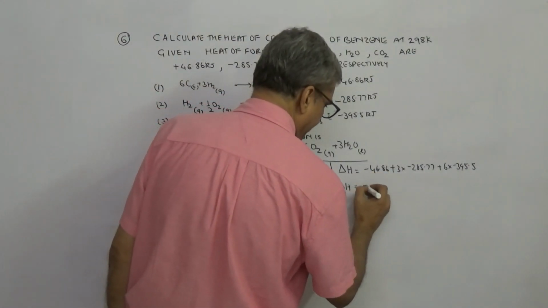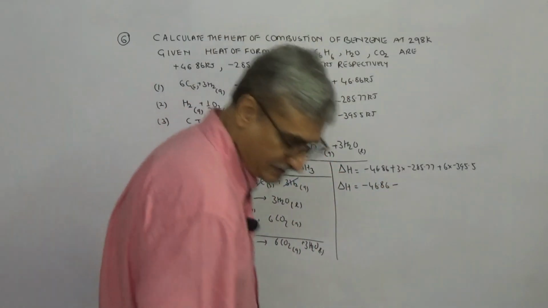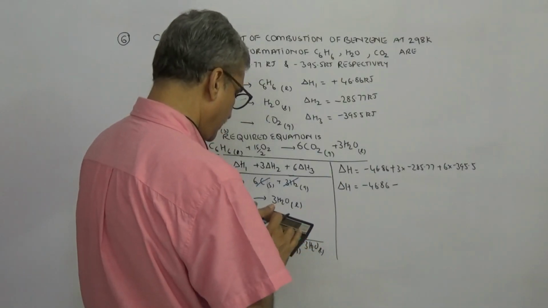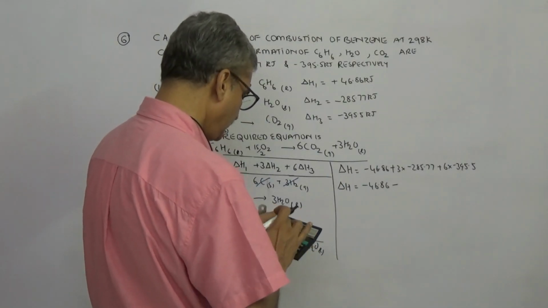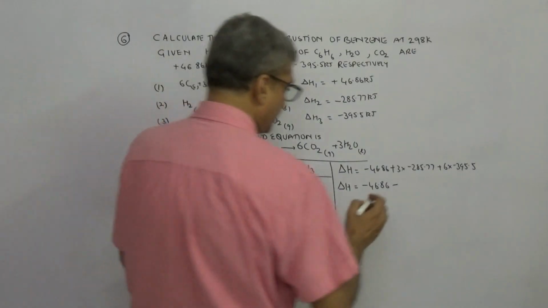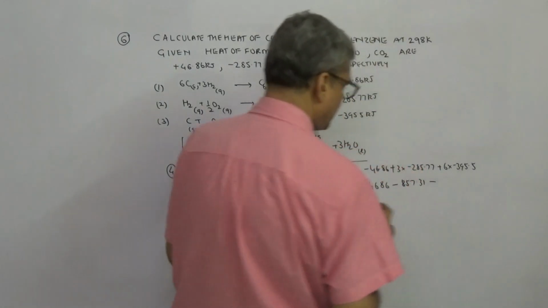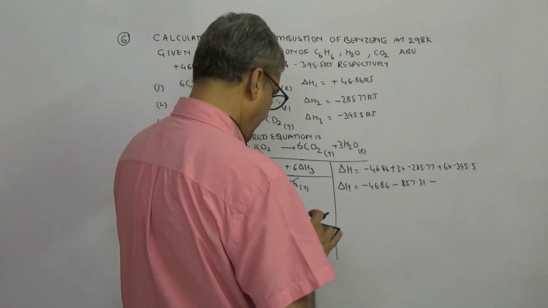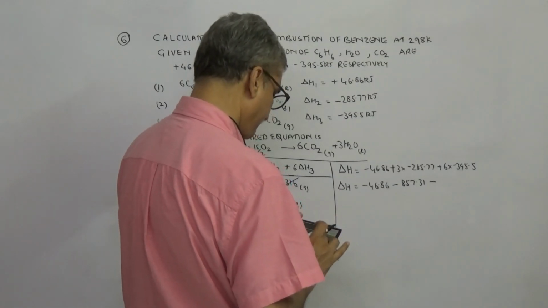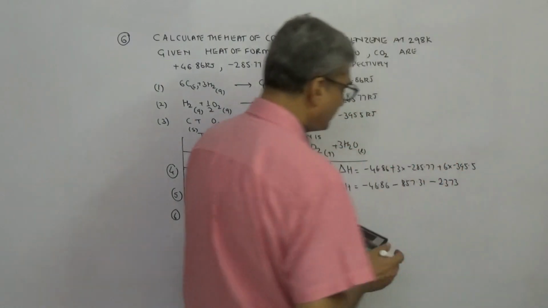So we get minus 46.86 minus 285.77 into 3, so this is minus 857.31, minus 395.5 into 6, so this is minus 2373 kilojoule.